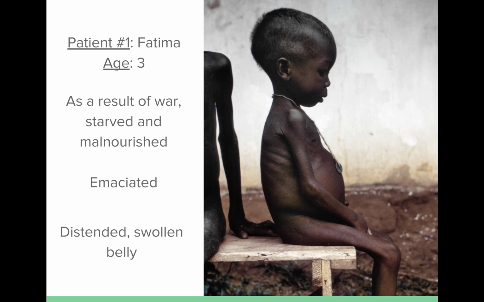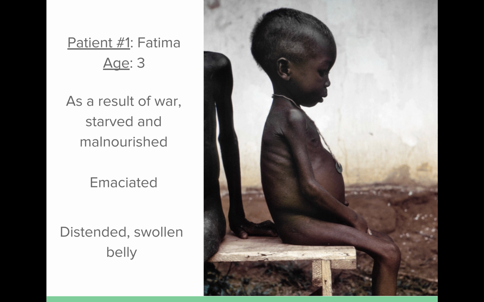So this little girl is 3 years old. As a result of war in her country, she's been unable to get food for some time, as you can see. And maybe she looks as we might expect for somebody who is starving. Her arms are very, very thin.